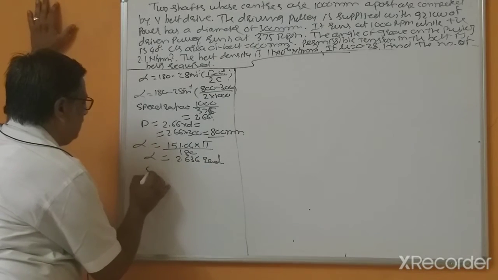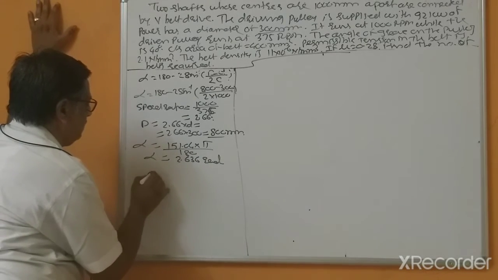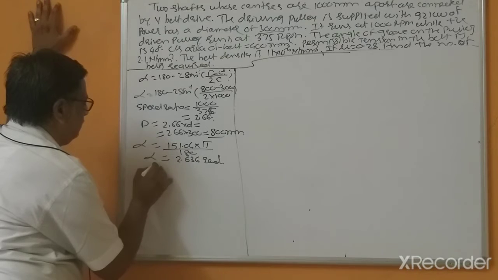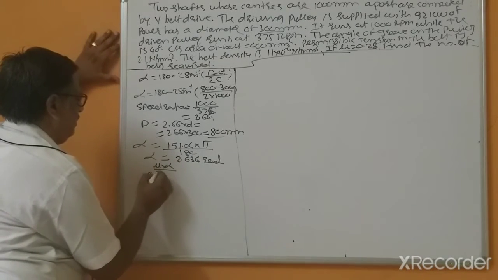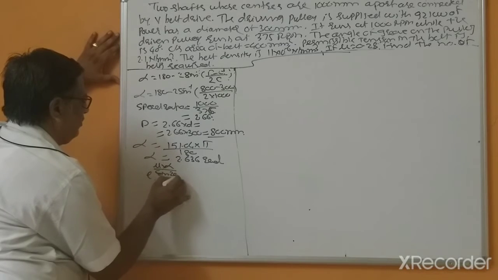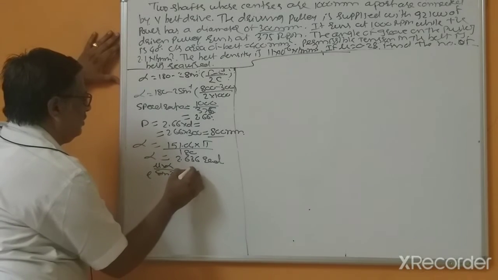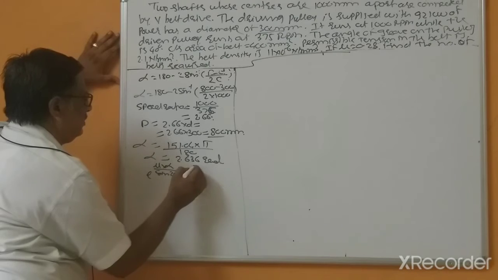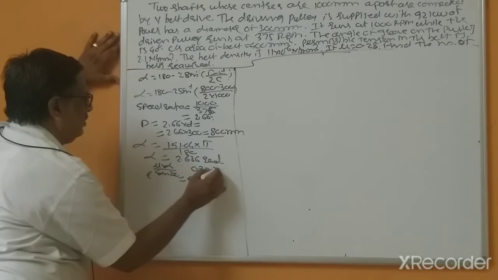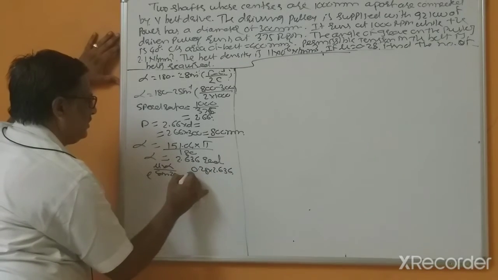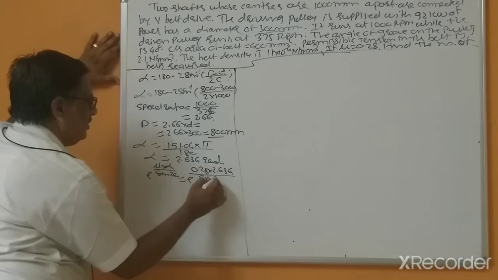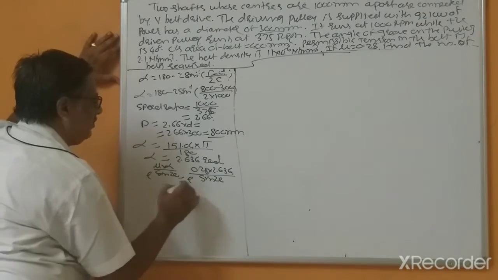So that's why e to the power mu into alpha divided by sine 20, with mu 0.28, alpha 2.636, and this is sine 20. So first we'll calculate.